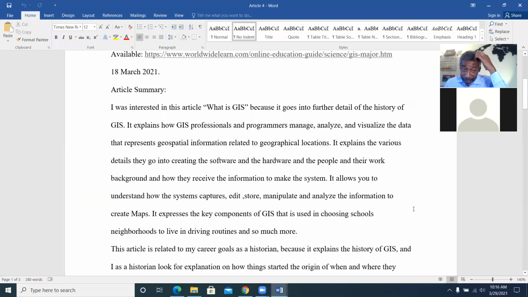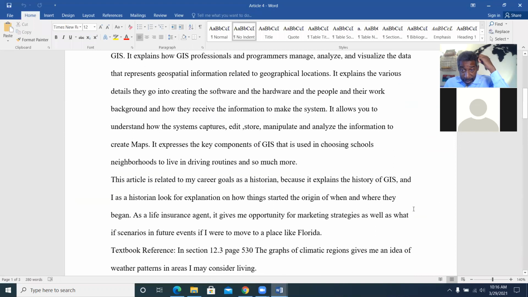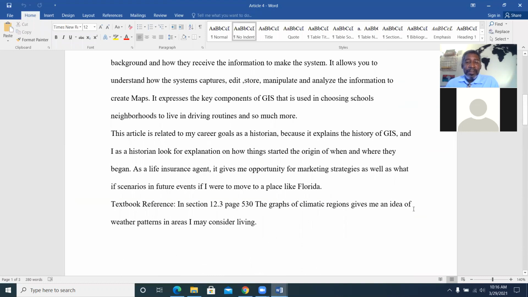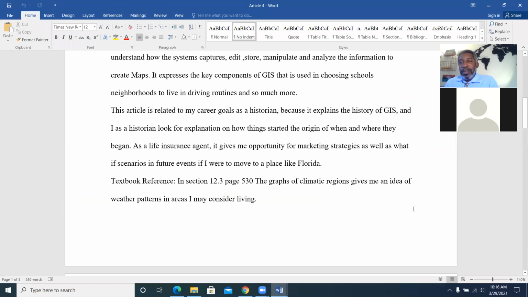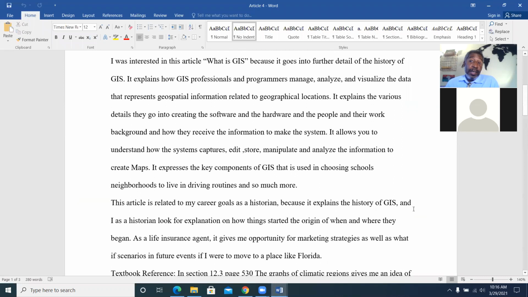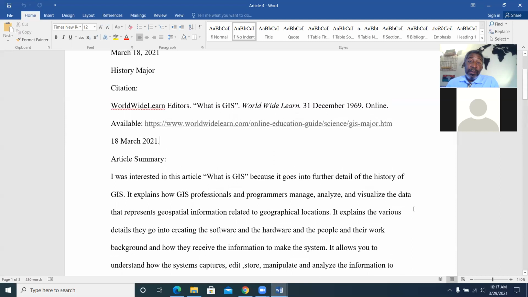Okay, well, history. Okay. Anyway, this is fine. So this is an example of using the essay to tie the article that you selected to geography and your major.